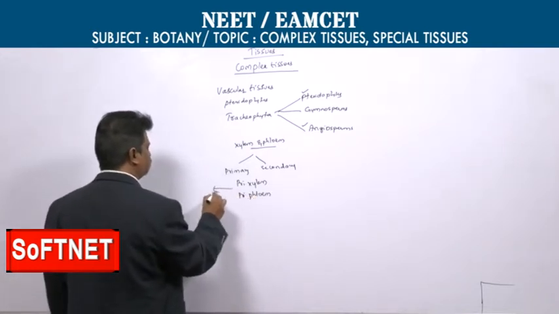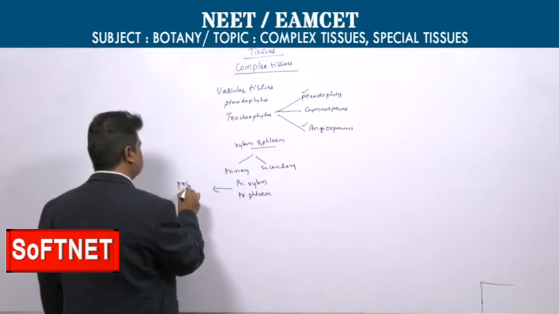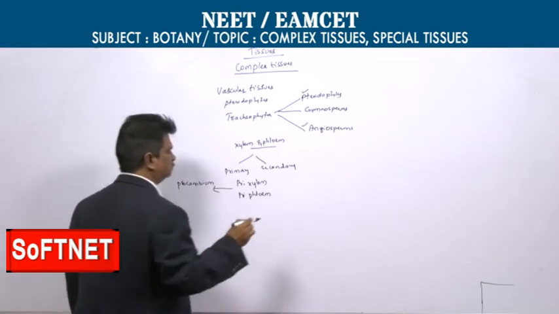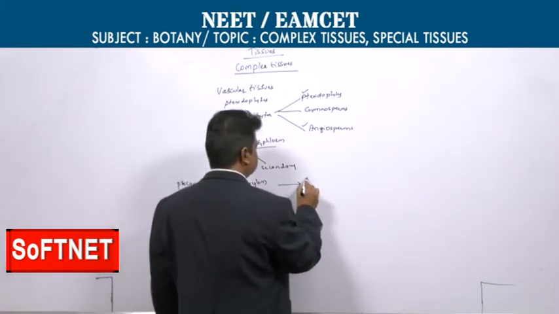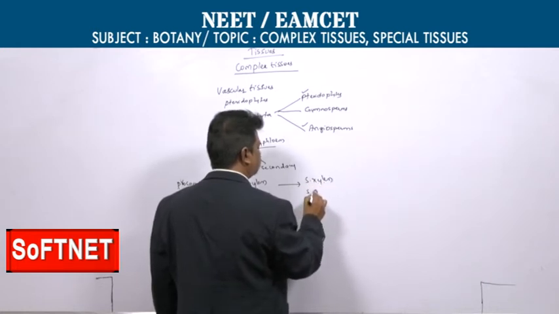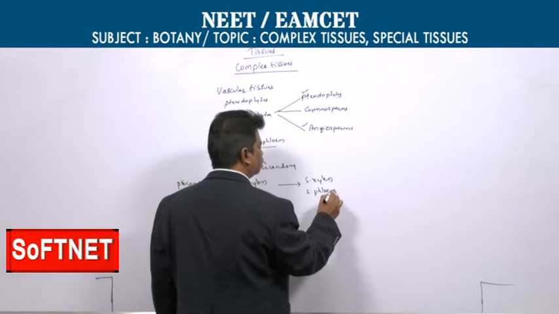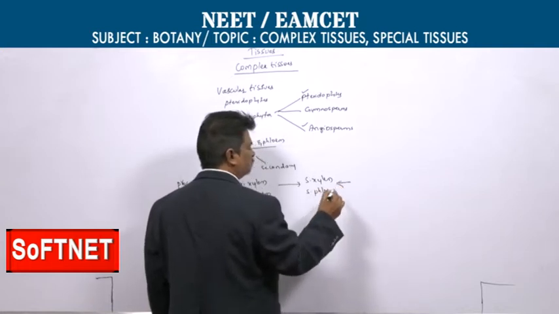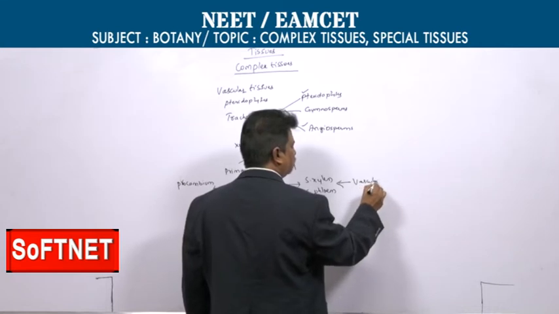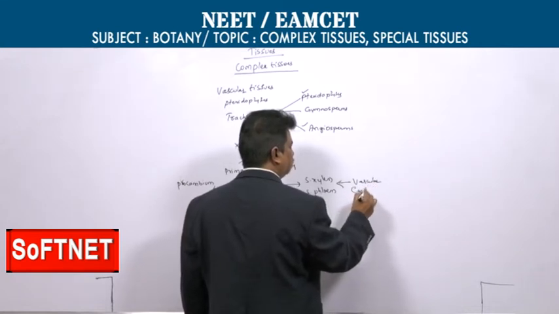These primary vascular tissues are developed from procambium. Then secondary vascular tissues include secondary xylem and secondary phloem. These secondary vascular tissues are developed from vascular cambium.